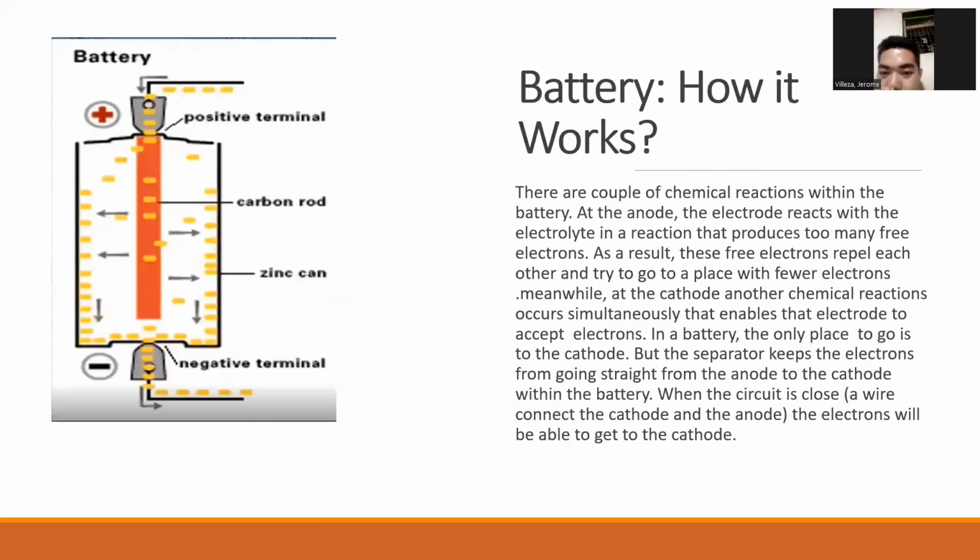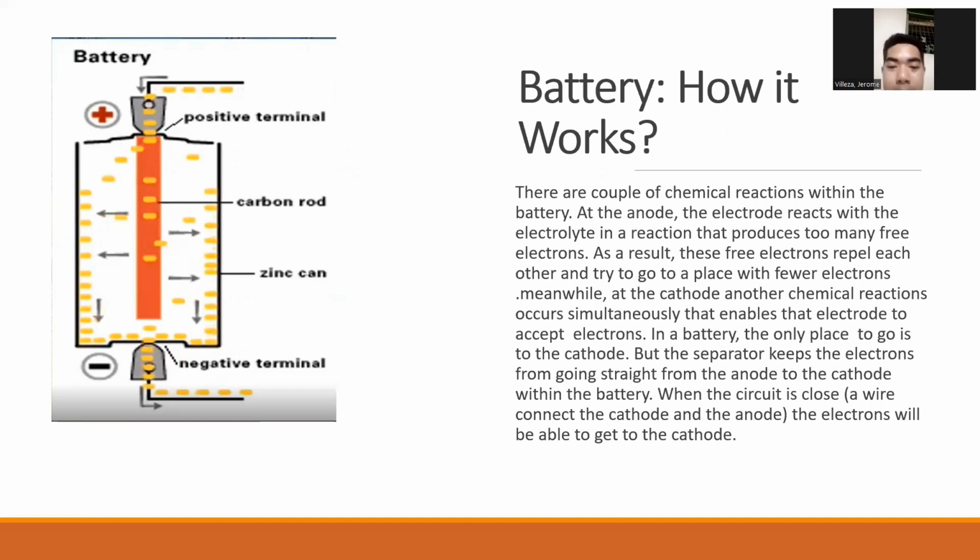So how does it work? There are a couple of chemical reactions within the battery. At the anode, the electrode reacts with the electrolyte in a reaction that produces too many free electrons. As a result, these free electrons repel each other and try to go to the place with fewer electrons.